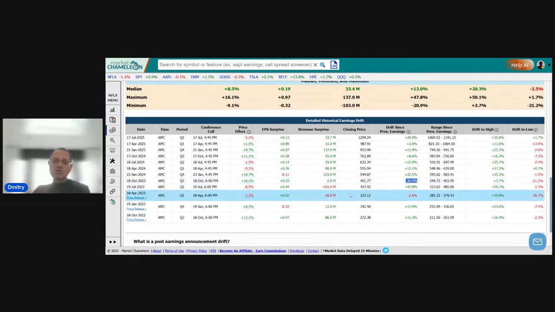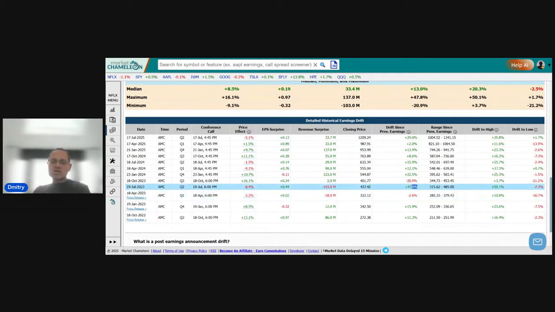So for example, here, the move was down on April 18th, down 3% after reporting earnings. So then we could say, okay, after April 18th, what did the stock do from that to the next earnings? And you can see here it was up 47%.